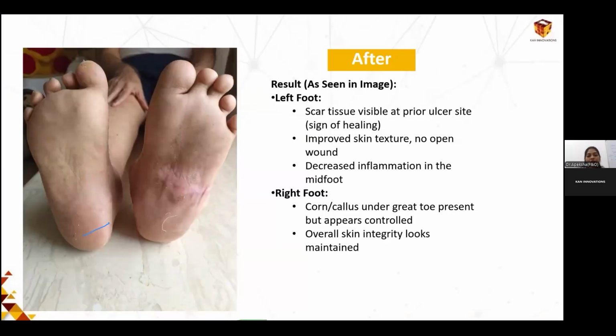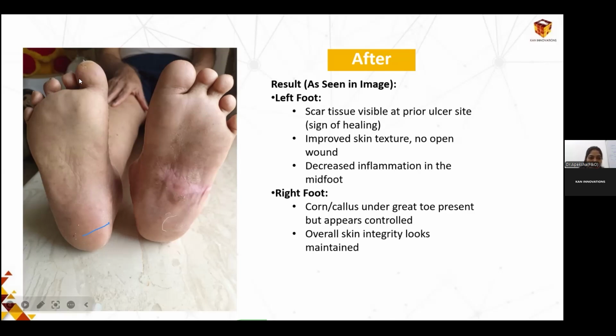Now, after using this footwear continuously for more than 6 to 7 months, we can see the result. You can see clearly here on the left side, the scar tissue visible at the prior ulcer site. Signs of healing you can clearly see here: improved skin texture and no open wounds, and decreased inflammation in the midfoot.